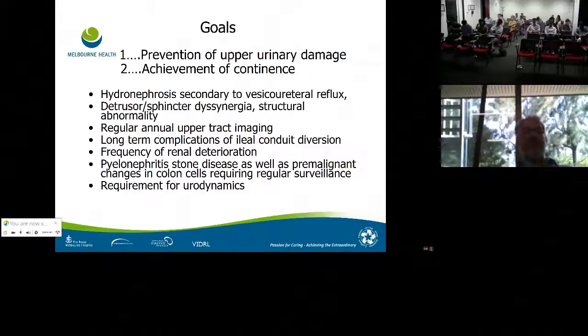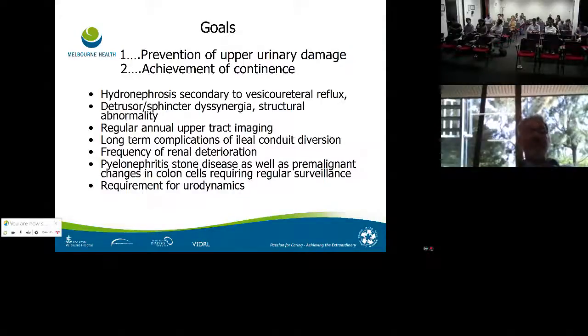There are long-term complications of ileal conduit diversion, which was a very common surgical treatment in years gone by. There's obviously frequency of renal deterioration.